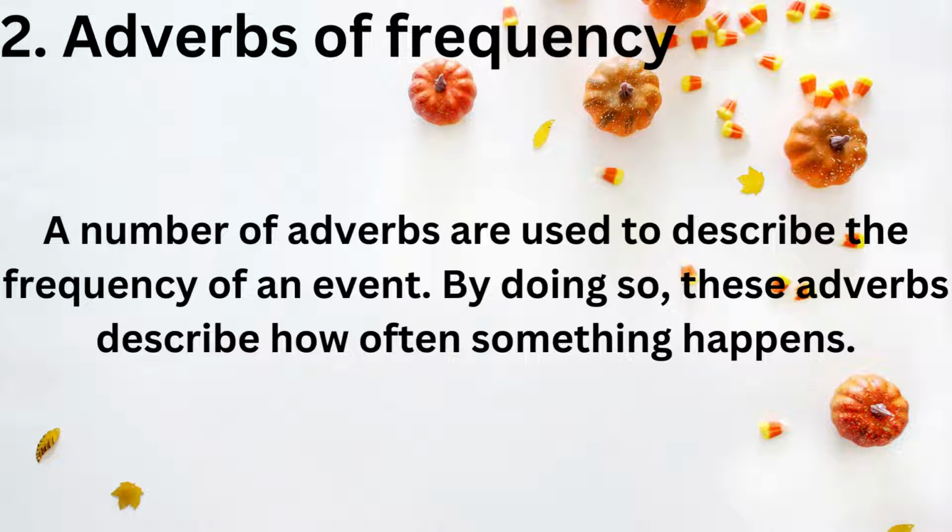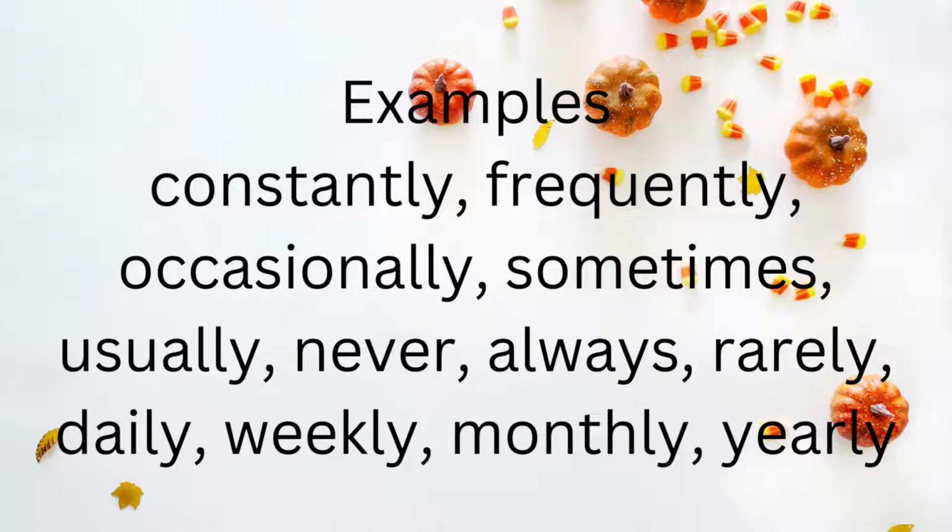By doing so, these adverbs describe how often something happens. For example: constantly, frequently, occasionally, sometimes, usually, never. Never is also an adverb of frequency. Always, rarely, daily, weekly, monthly, yearly, all these are examples of adverbs of frequency.